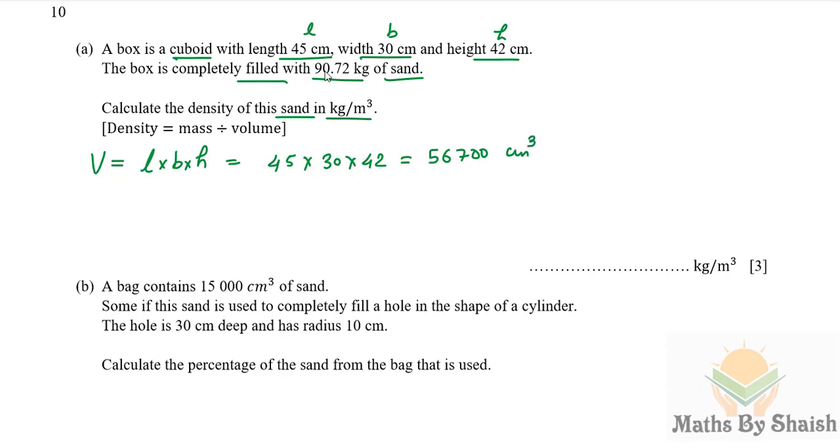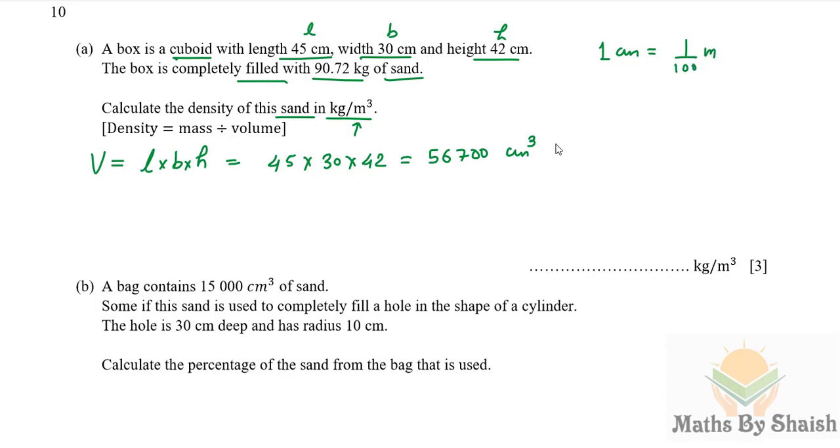Now the box is completely filled with this amount of sand, and we need to find the density in kilogram per meter cube, and here we have centimeter cube. So first of all we are going to convert the centimeter cube into meter cube, and its best way is to understand that 1 centimeter is the same as 1 over 100 meter.